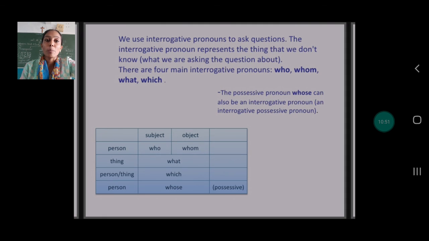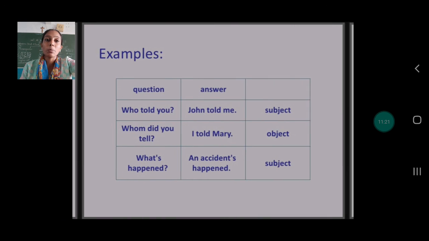Now see, for person, if it is subject, we again use who, and if we are talking about the object, kiska, so we use whom. If we are talking about thing, whether it's subject or object, the interrogative pronoun will be what. If it is person or thing, whether it's subject or object, the pronoun will be which. And again for person, whose.